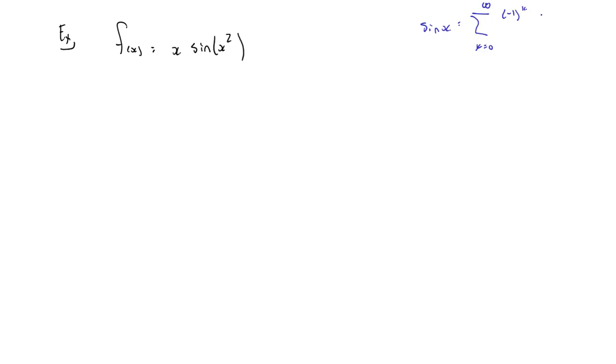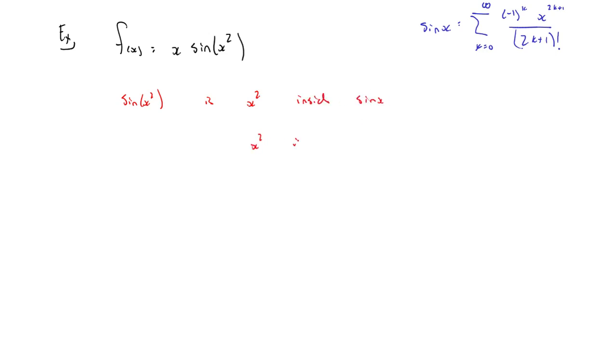Sine of x is just the alternating odd power, odd factorial series. And we know then that sine of x squared is just x squared inside sine of x.